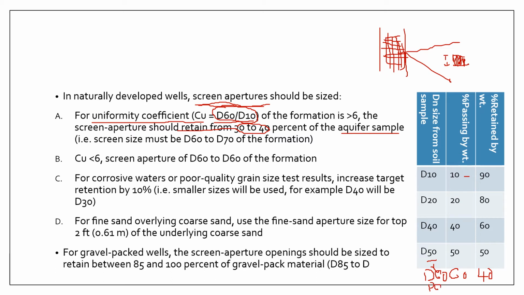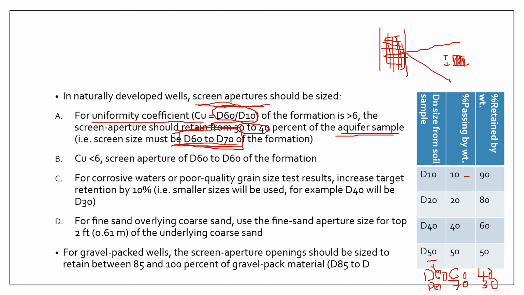And then you also have D70, which will allow passage of 70% of your samples and retain 30%. So to be able to retain around 30 to 40% of your aquifer soil, you need a size of D60 or D70.